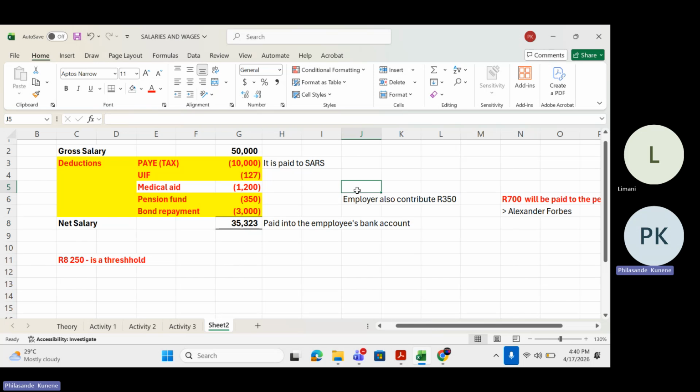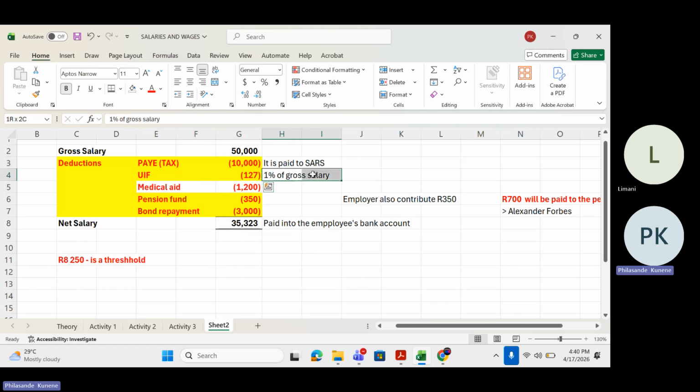For medical aid, no. For UIF, there is a specific percentage, right? It is 1%, 1% of gross salary. That one is a must, right? 1% of gross salary is for UIF. But for pay as you earn, it depends on the tax tables, as we said.